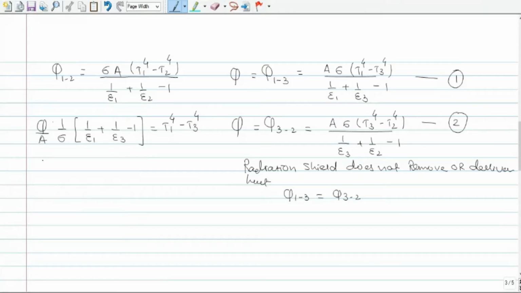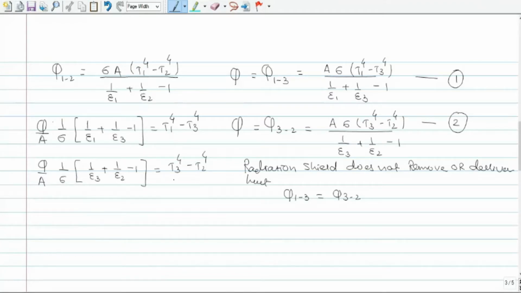Similarly, from equation 2, I can write Q by A into 1 upon sigma in the bracket 1 upon E3 plus 1 upon E2 minus 1 equals T3 to the power 4 minus T2 to the power 4.